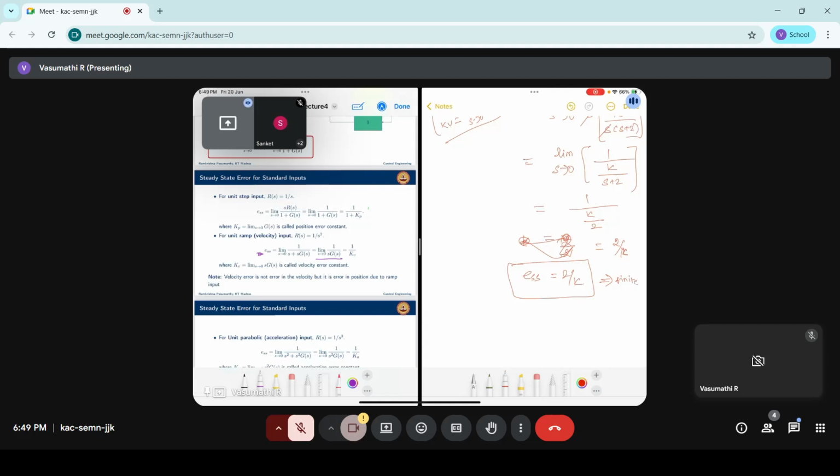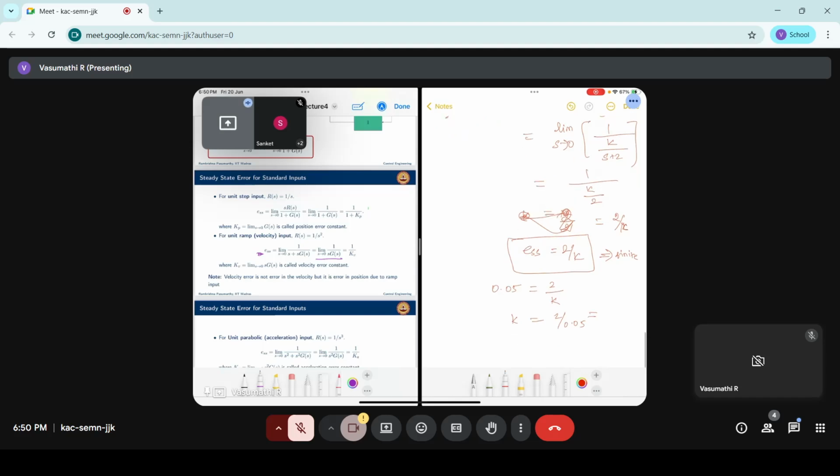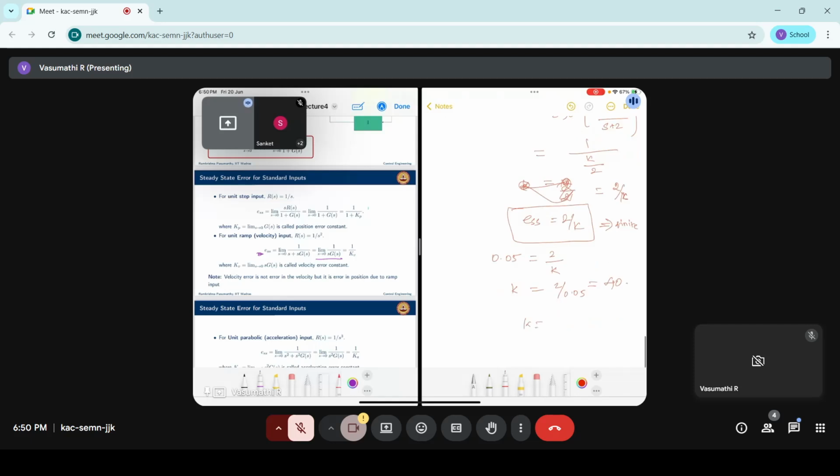So we know the left hand side. The e of ss they have given is 0.05. I'm going to substitute straight away. 2 by K, if I take K here, 2 by 0.05. This will give you 40. So the K will be 40. Any doubt so far?